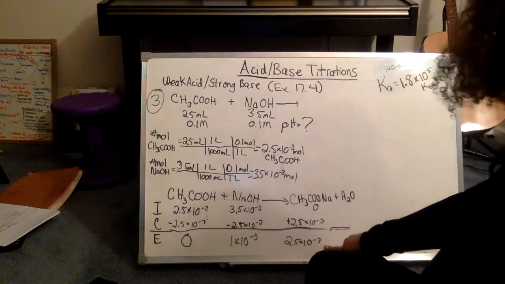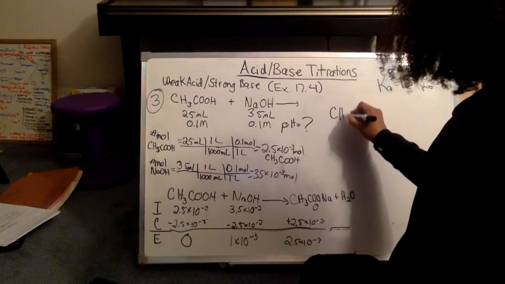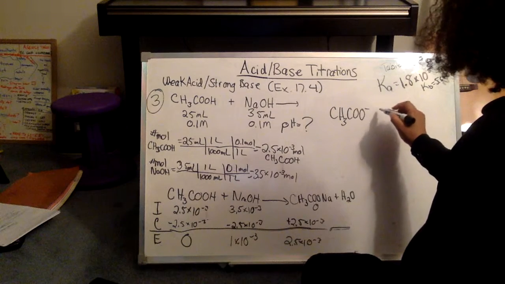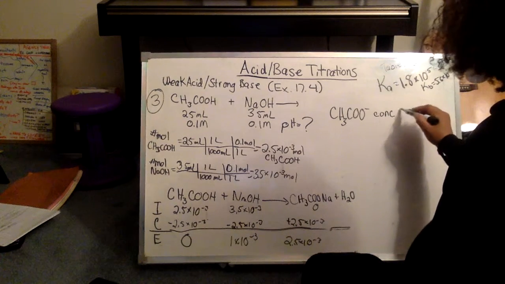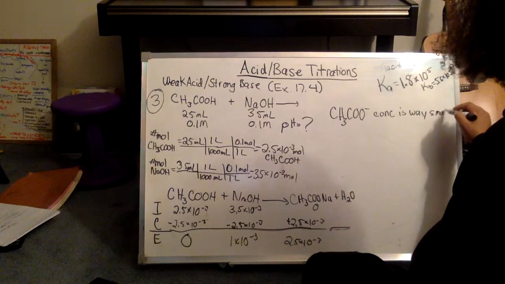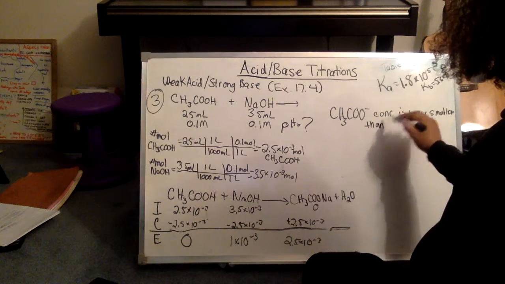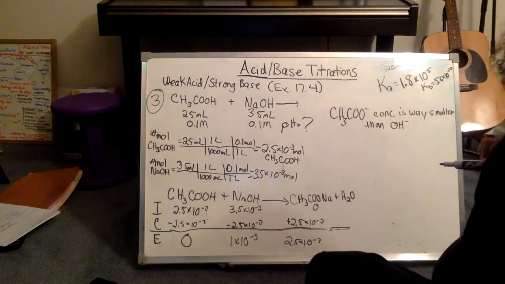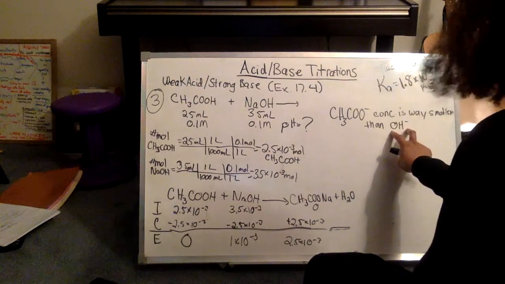What we're assuming is whatever we created as far as this conjugate base concentration is way smaller than the contribution that the OH is going to produce. Because this is a weak conjugate base, this is a super strong base.